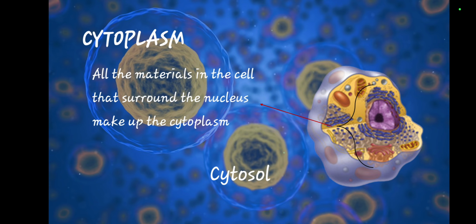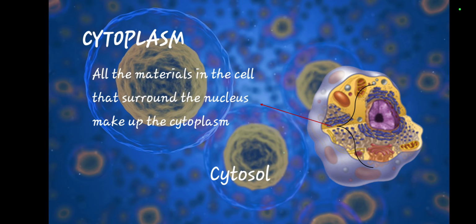So cytoplasm, according to the statement, is all materials in the cell that surround the nucleus. Meaning to say, all of the materials inside the cell is called cytoplasm, and it's also called cytosol. We can describe cytoplasm as a gelatinous liquid that fills the inside of the cell.